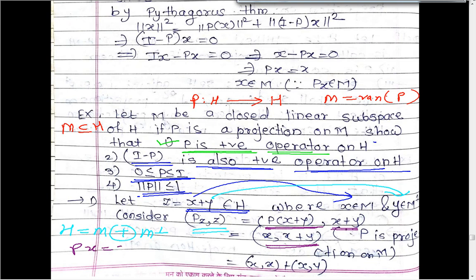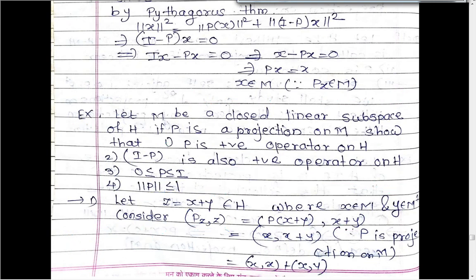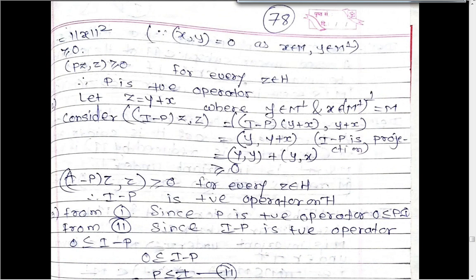First, Px is equal to x, and secondly, Py is equal to 0. So this gives us inner product of x and x plus inner product of x and y, but again inner product of x and y is 0. So this gets simplified to inner product of x and x, which is equal to norm of x square, which is greater equal to 0.